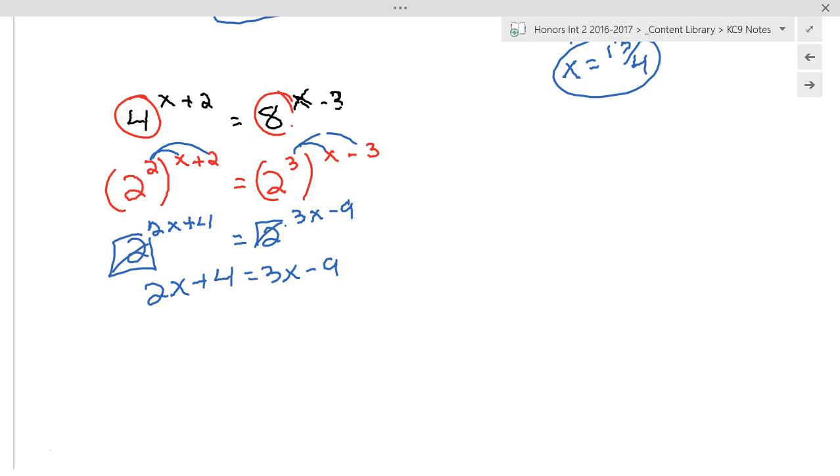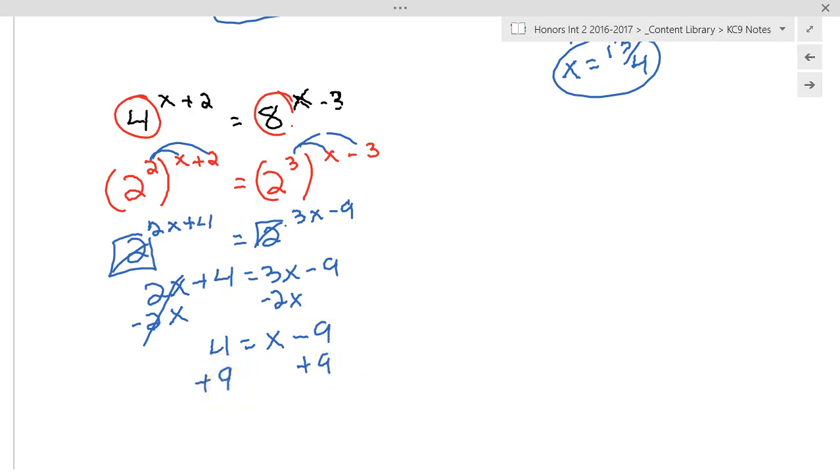We're not really going to see many examples like that. Most of the examples we're going to look at this unit are just linear equations. So this is linear, there's no quadratic, so I'm getting x's on one side, everything else on the other. I'm going to subtract 2x from both sides just to keep my x positive. So 4 equals 3x minus 2x, which is just 1x, minus 9.